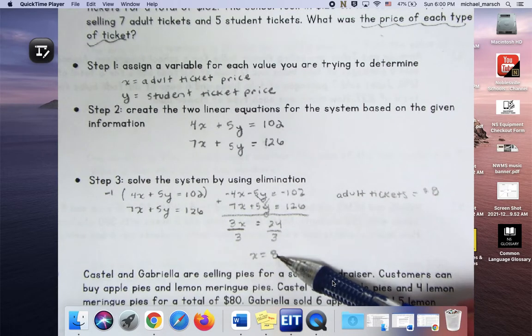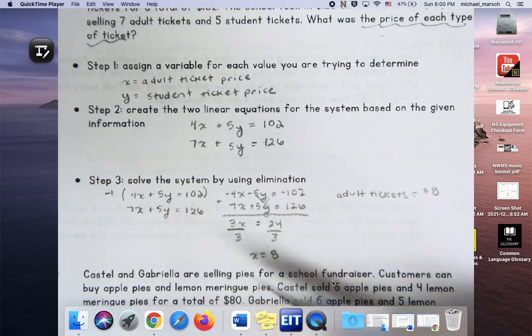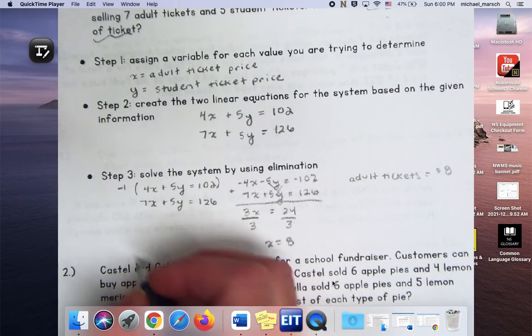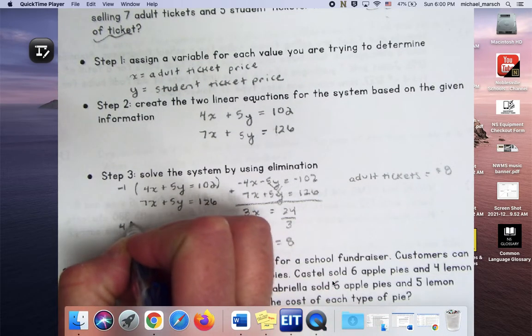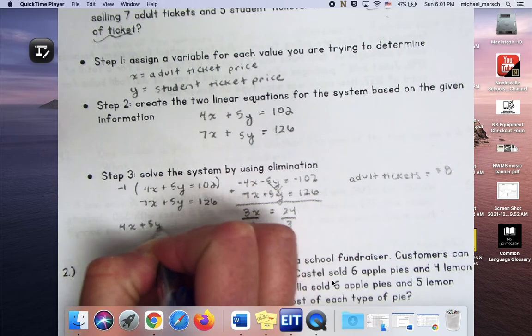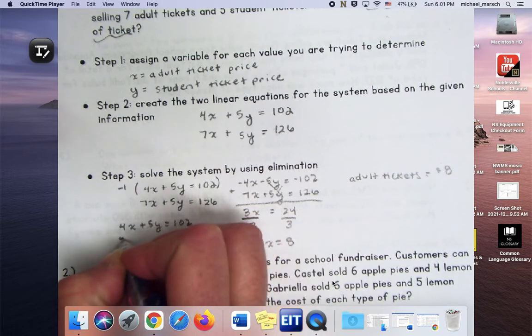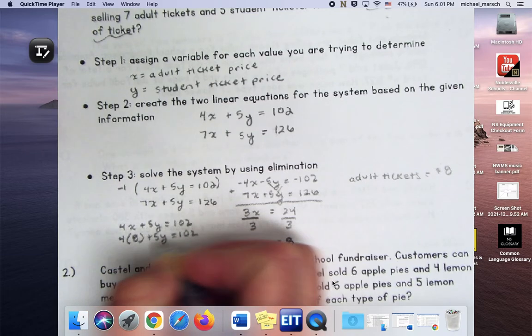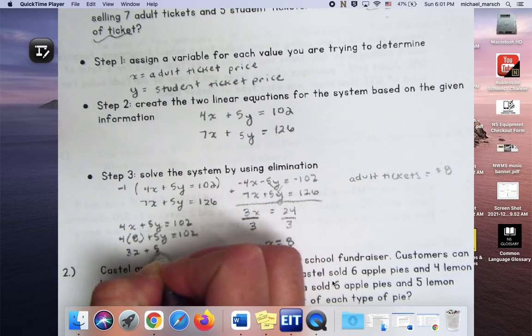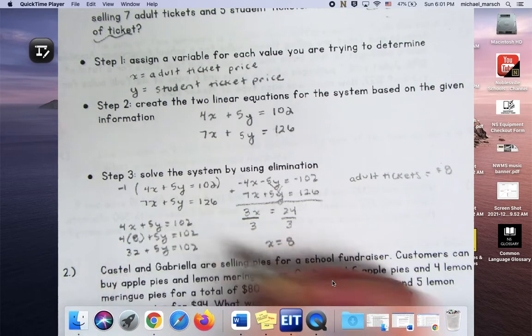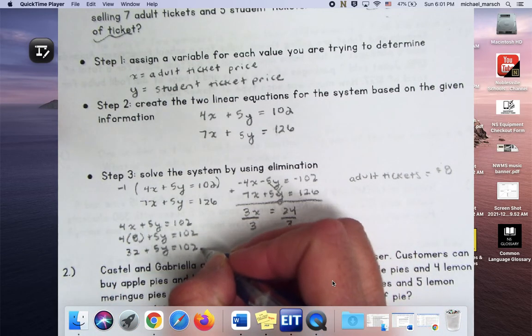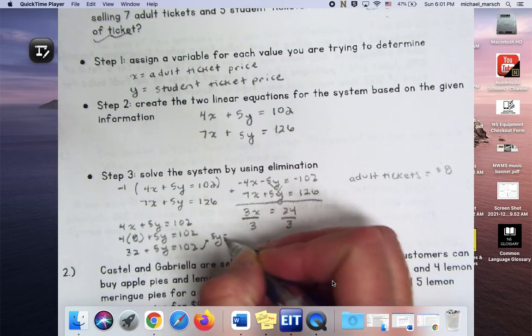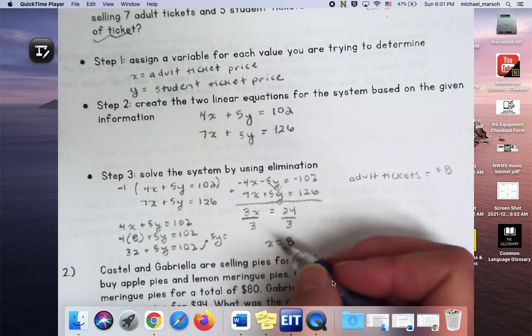And then how am I going to figure out what the student tickets cost? Well, I'm going to put this 8 into one of these equations. So I'm going to say 4x plus 5y equals 102. 4 times 8 plus 5y equals 102. 32 plus 5y equals 102. I'm going to end up with 5y equals 70.